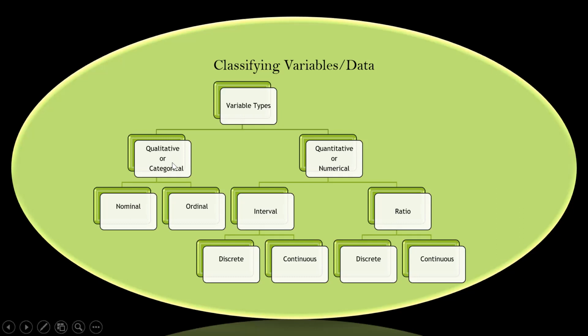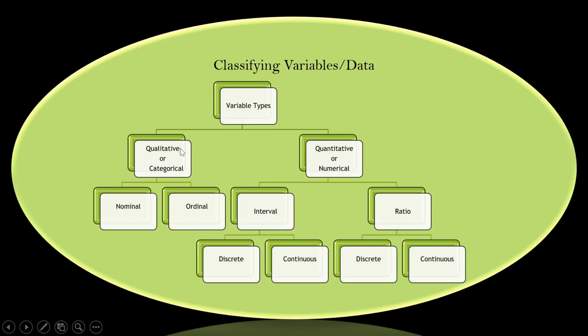So qualitative or categorical. Sometimes we use numbers over here, but the numbers don't actually mean an amount of anything. So we could say 1 for male and 2 for female. Well, that 1 and 2, they don't denote an amount of anything. They're just allowing you to say, well, here's how we've classified. 1 is a male, 2 is a female.